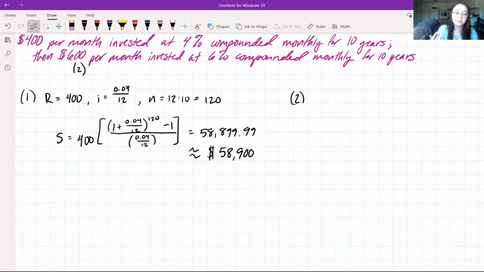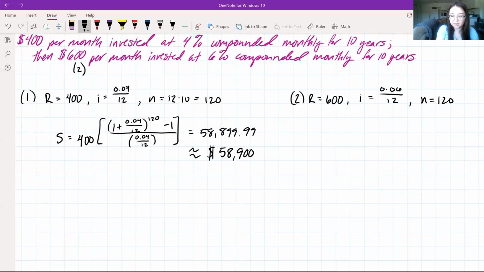Now we have a different number for R, and we also have a different value for I. So we know that R in this case is going to be 600. I is going to be 6% or 0.06, also divided by 12. And our period is going to be the same because we're still compounding monthly for 10 years. So we know that N will still be equal to 120.